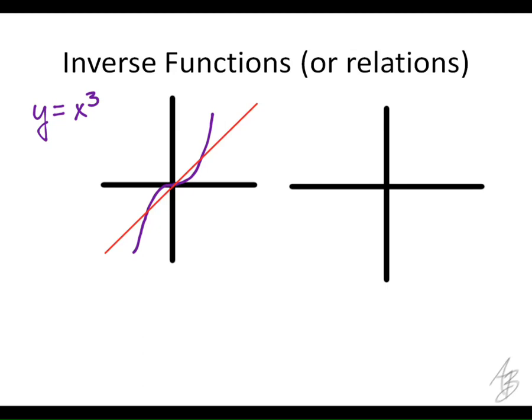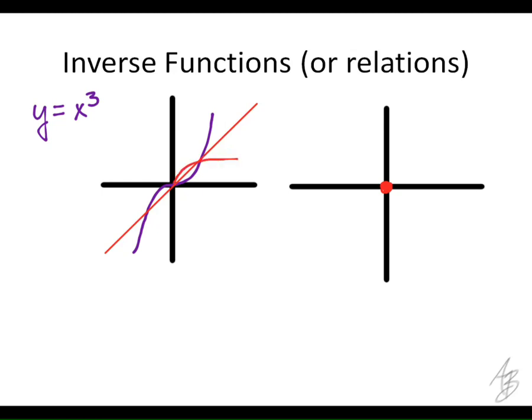Just flip it, right? It touches the origin. Okay, it is going to touch the origin. That's a great point. So let me draw the inverse here on this graph. It is going to go through the origin. Let's flip this branch right here. Instead of going straight to the right, I'm going to go which way? Up a little bit, and then which way? Right. Up and to the right. Okay, good.